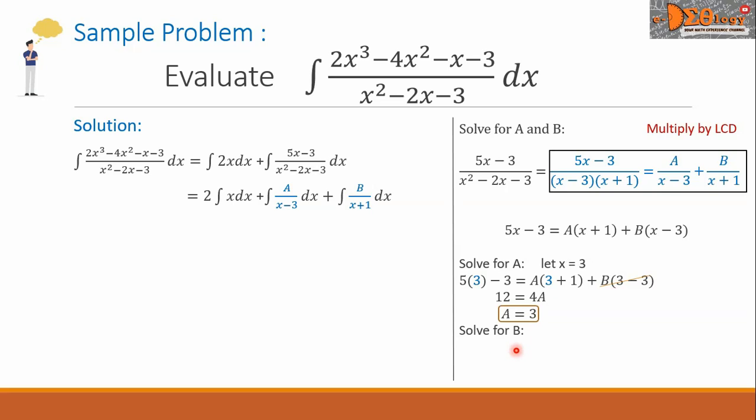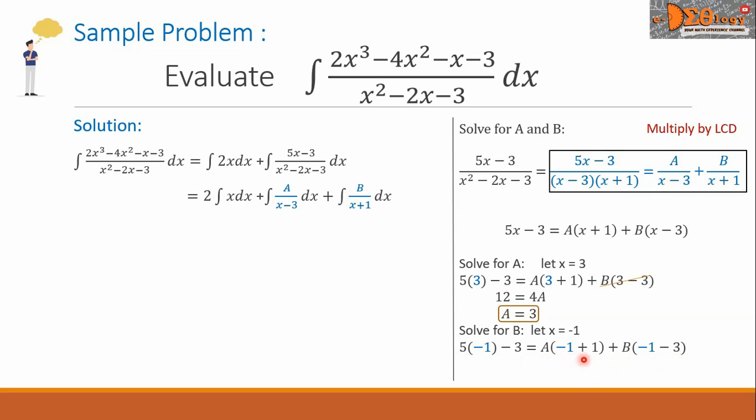Let us now solve for B. Looking at our working equation, let us think of a value of x that would eliminate A. So we let x be negative 1. Substituting negative 1 to the x, we will have 5 times negative 1 minus 3 equals A times negative 1 plus 1 plus B times negative 1 minus 3.